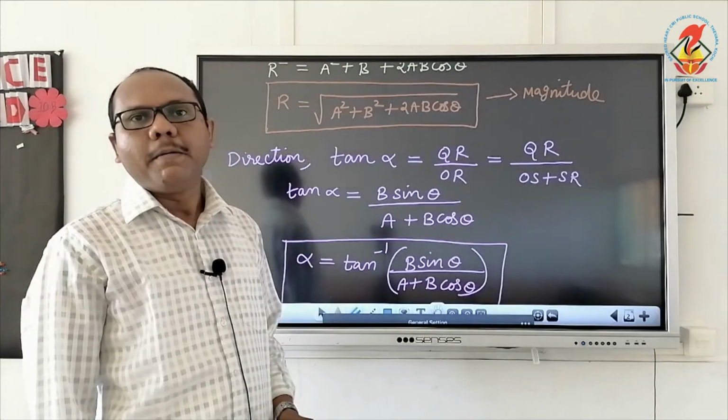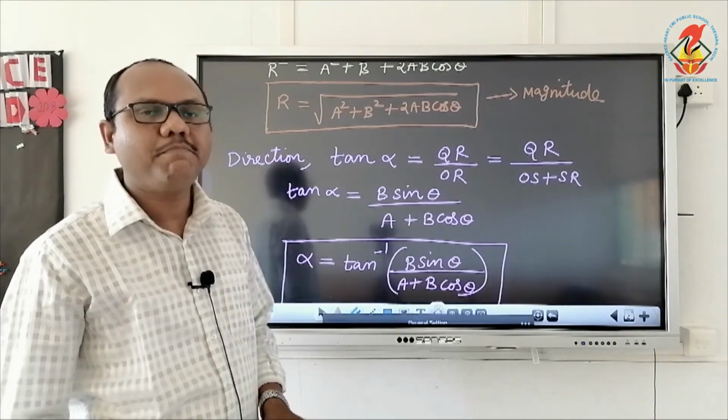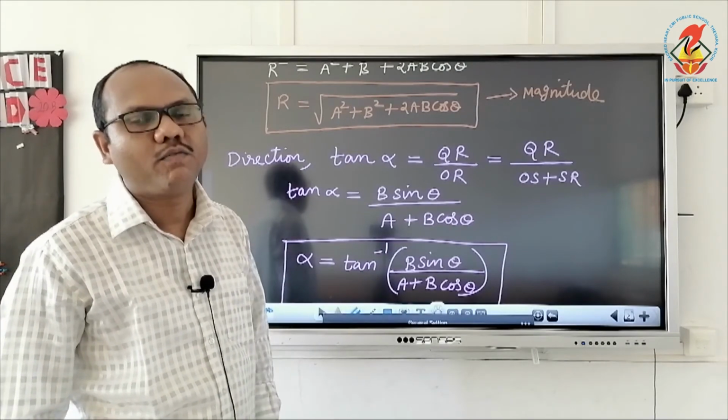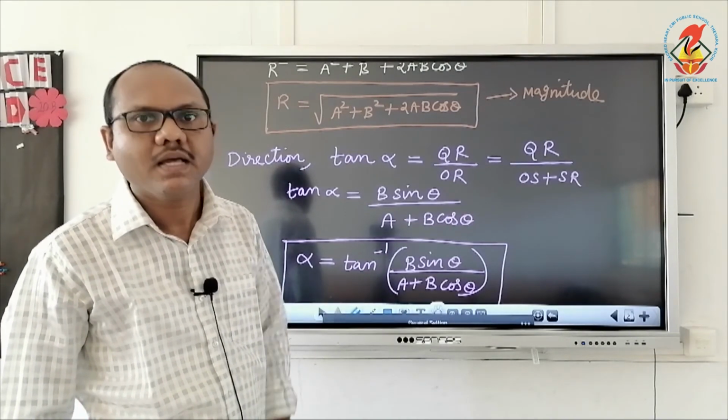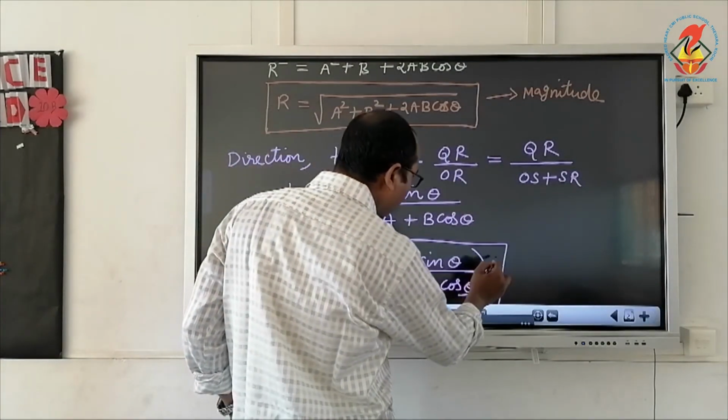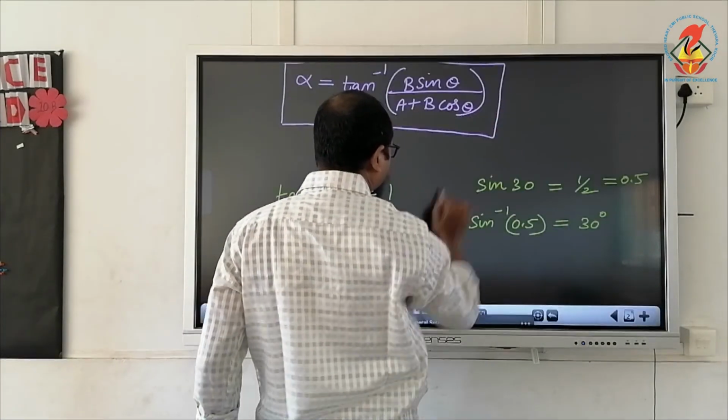Now if two vectors are perpendicular, what is theta? 90 degree. Yes. So let us see. I am just going to give a special case.